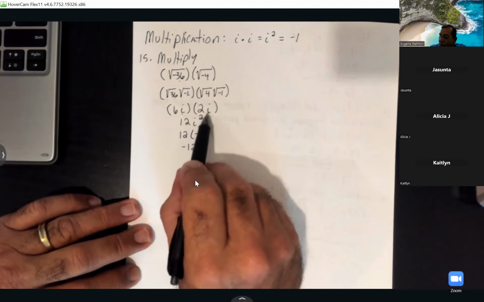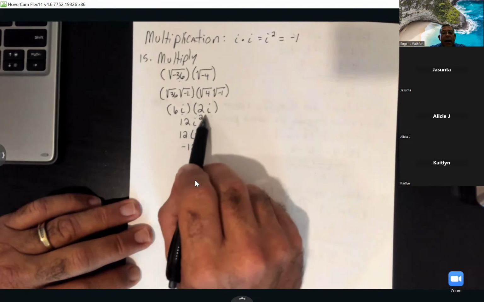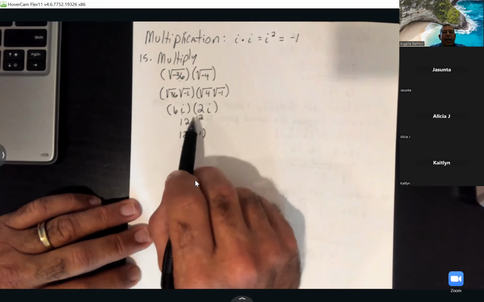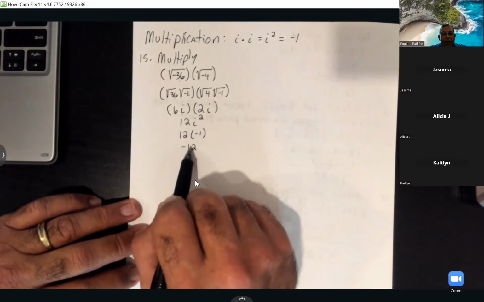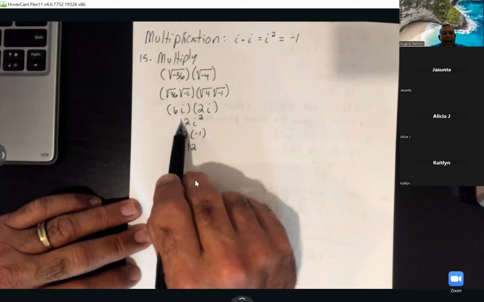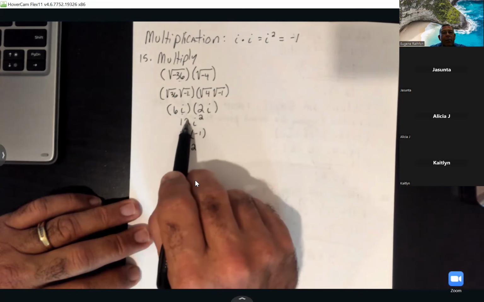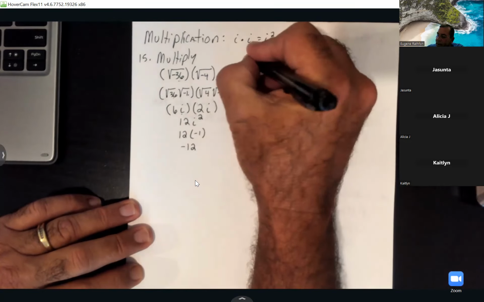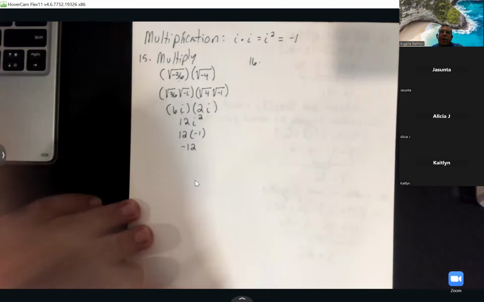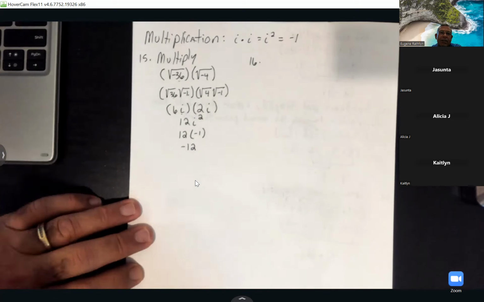So this I squared's only purpose in life is it changes the sign of the number in front of it. If that number was positive, it'll end up being negative. If this would have been a negative 12 I squared, it would have changed it into a positive 12, okay? So that's the only purpose I squared has, is to change those signs.